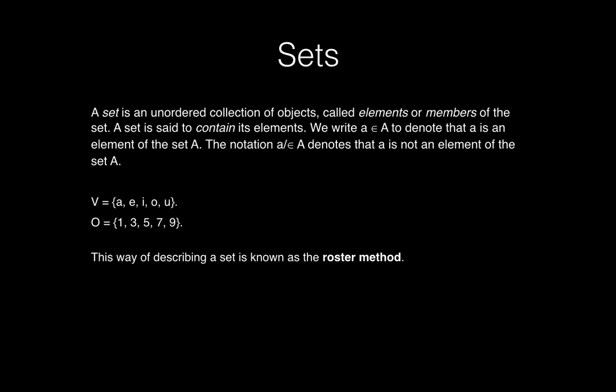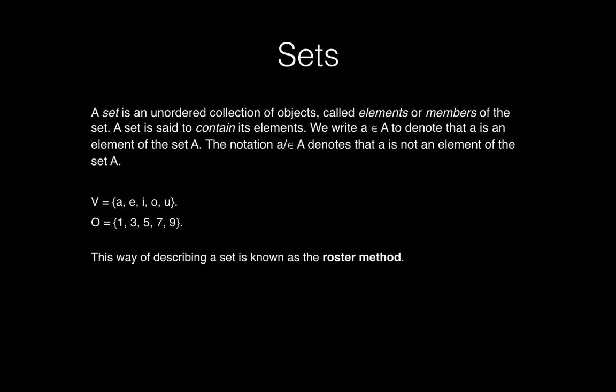Now let's jump towards sets. So what is a set? A set is an unordered collection of objects. So in a set the order does not matter. For example, here at the bottom I've written V equals, so this is a set. That is how you denote a set.